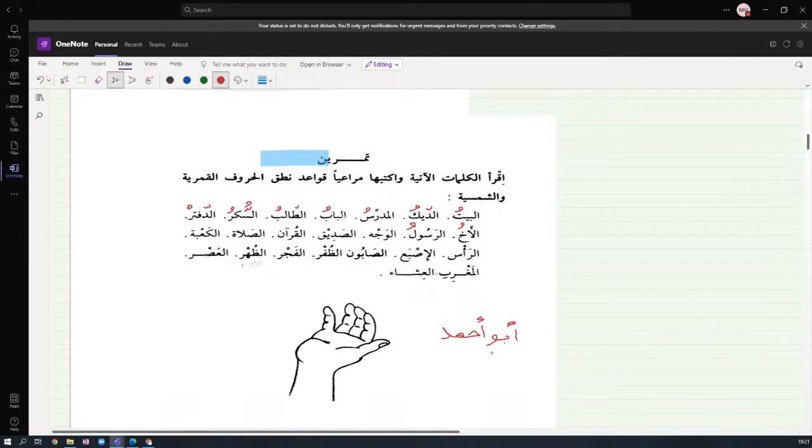That's how you write it, and we'll study this, because ab is what's called min asma al-khams. It's from 5 particular nouns. And we'll study it, just like akhun is the same. So Abu Ahmad means what? The father of Ahmad. So if I wanted to say the brother of Ahmad, if you see here akh, it has no wow, yeah?